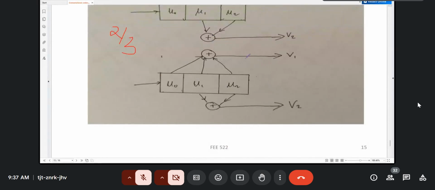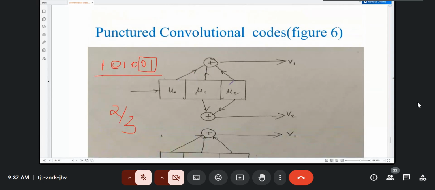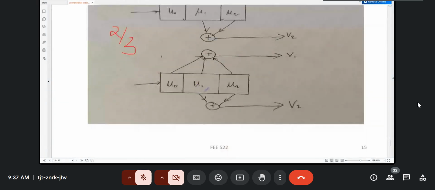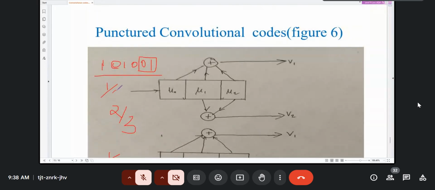Puncturing is deciding which you are going to leave out. And it's important how you leave out, because these are 2 identical 1 by 2 codes.